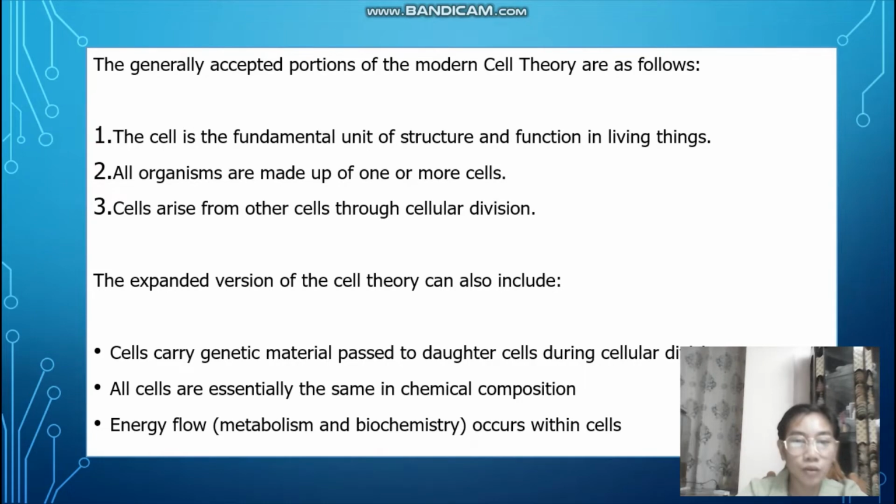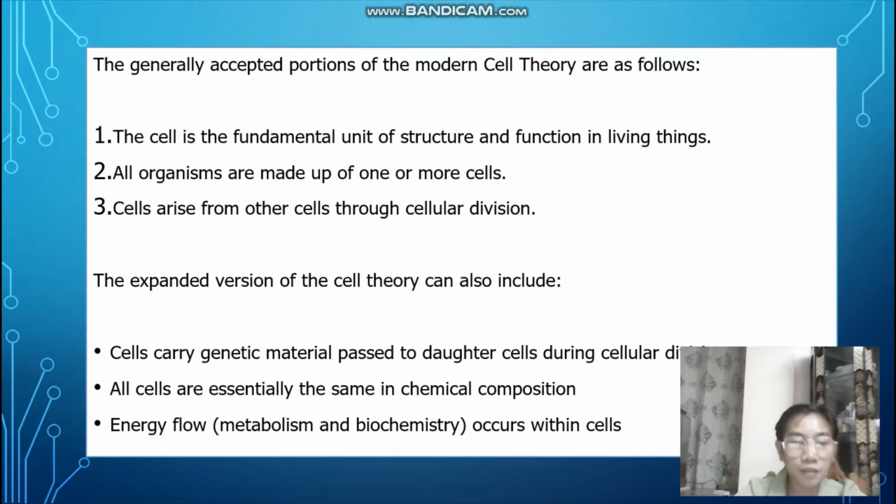So we go on to the modern cell theory. The generally accepted portions of the modern cell theory are as follows. First, the cell is the fundamental unit of structure and function in living things. Second, all organisms are made up of one or more cells. And third, cells arise from other cells through cellular division.